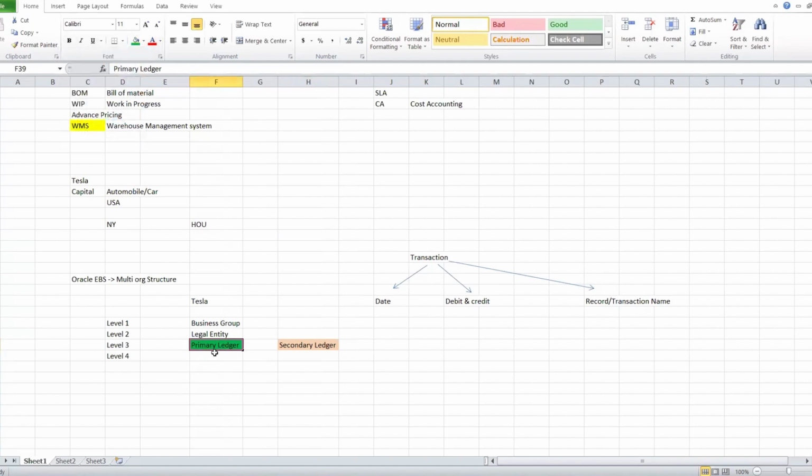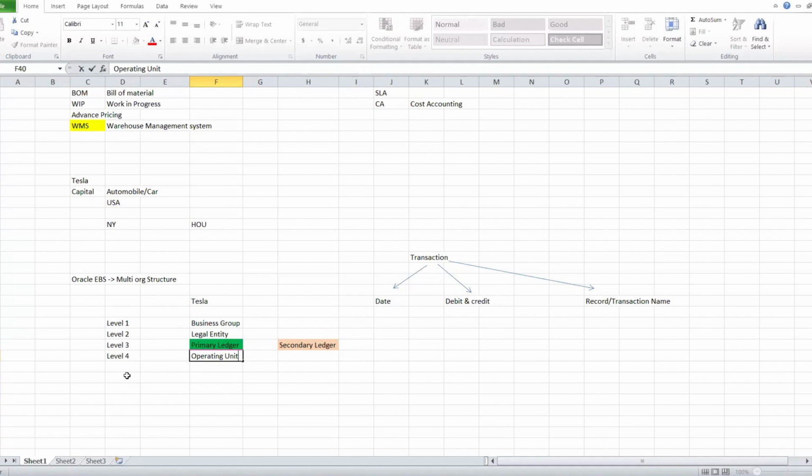Okay. Now level 4 will be the operating unit. So what is the operating unit? The operating unit is nothing but the location from which all those businesses become operational. That is the operating unit.